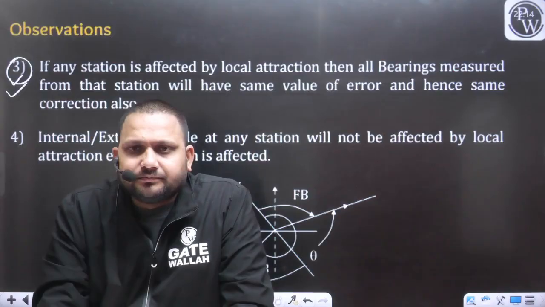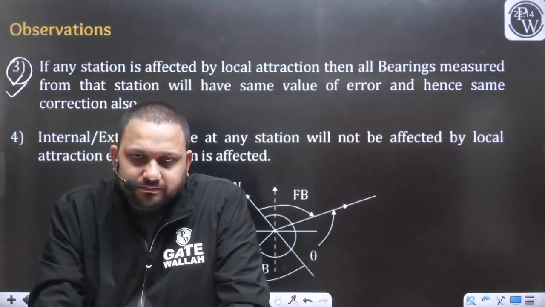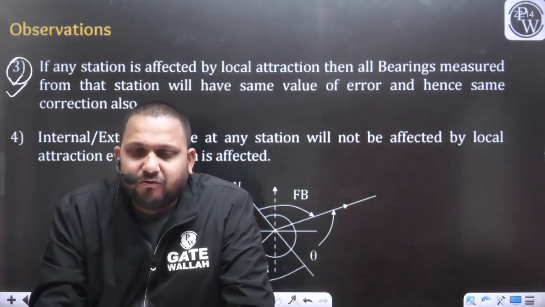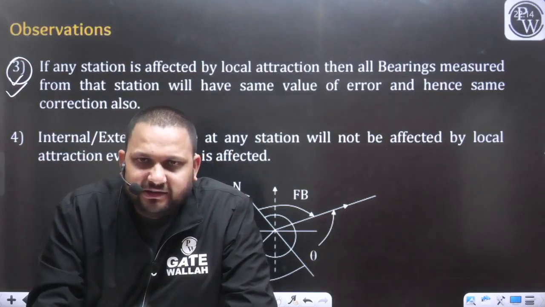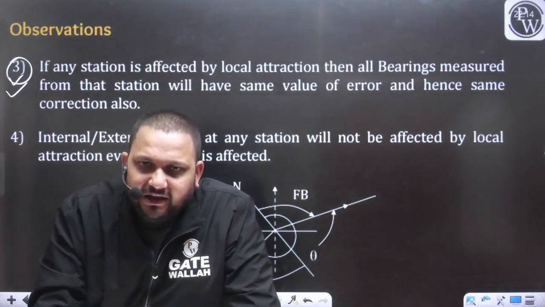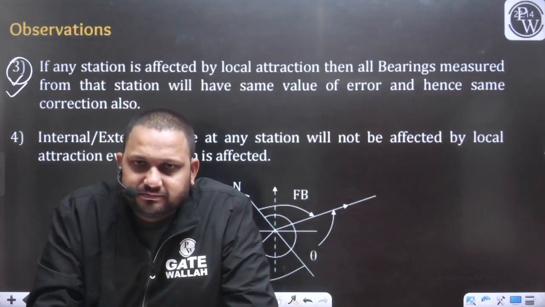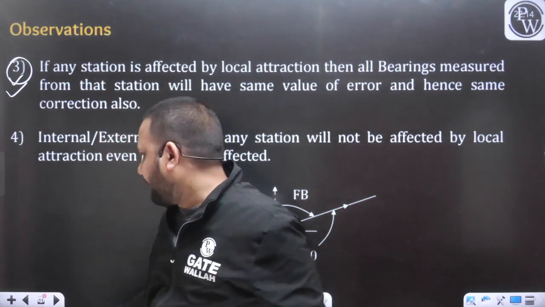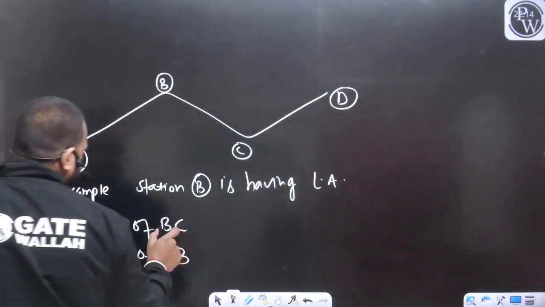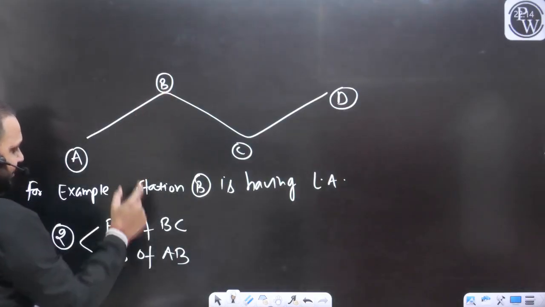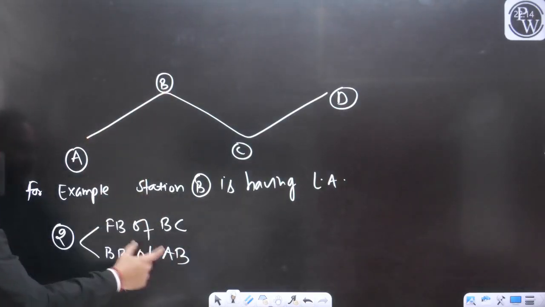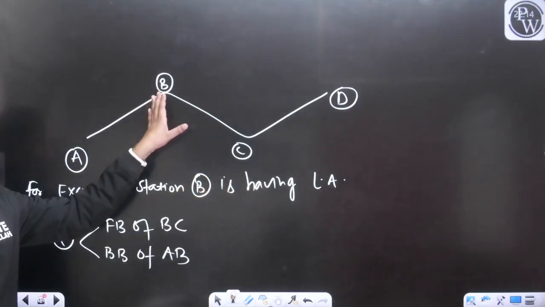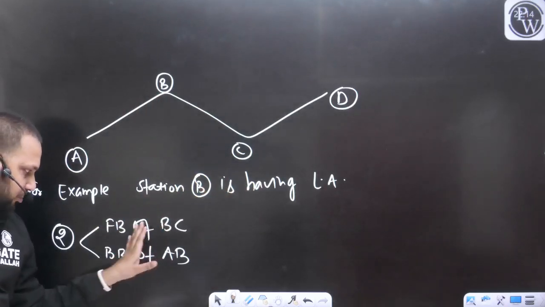Whatever measurements we perform at that station will have the error, because we are using station B for the measurement of the fore bearing of the next line and the back bearing of the previous line. So if station B has local attraction, these two readings are going to be incorrect.